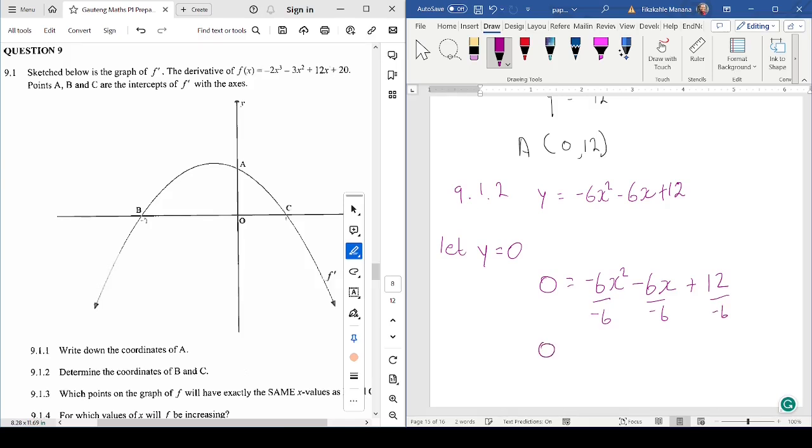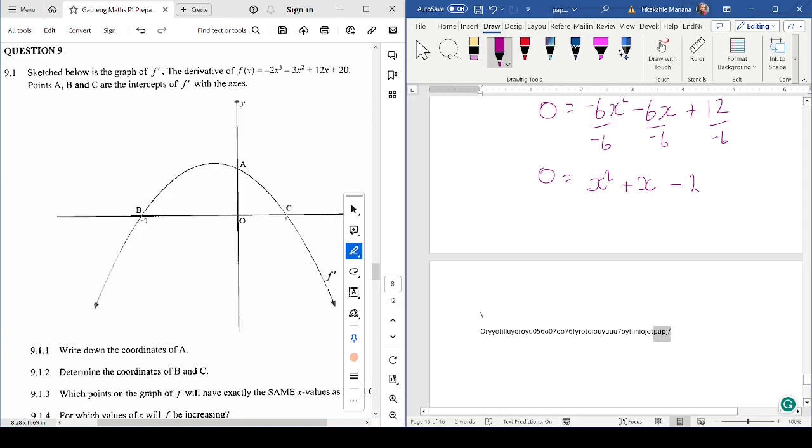And then I'm left with 0 equals x squared minus x, plus, no, it's going to be negative 2 this time. Minus 2, but a minus and a minus is going to be a positive.